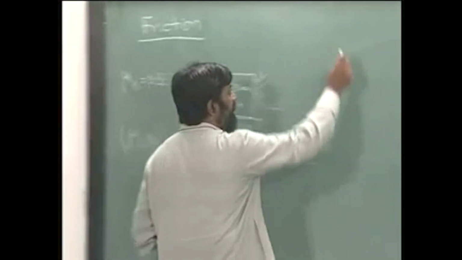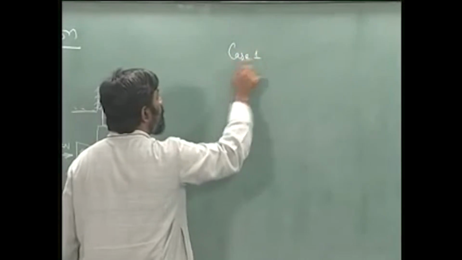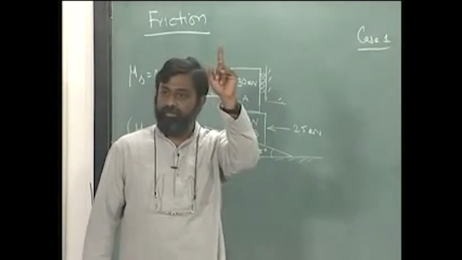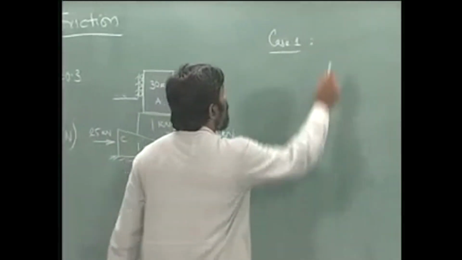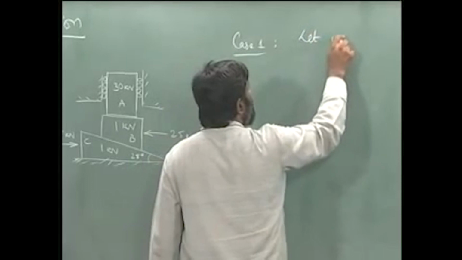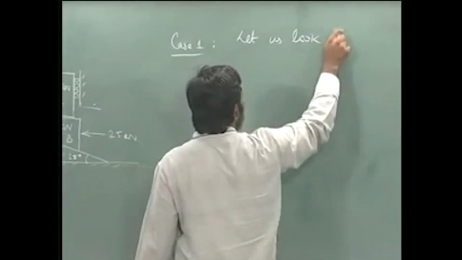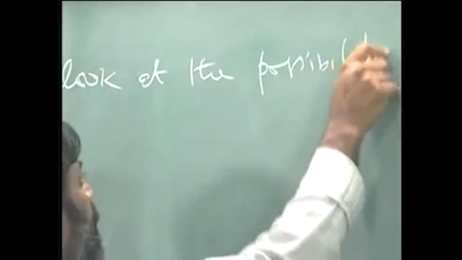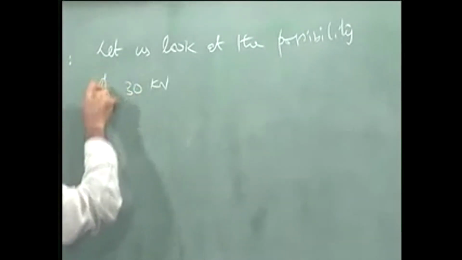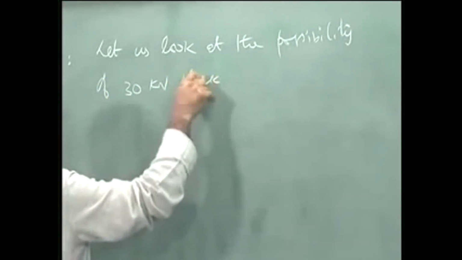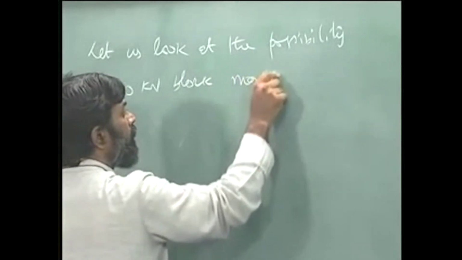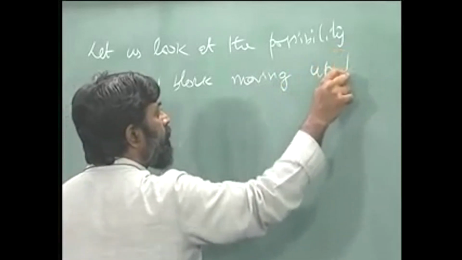Let us take case 1, and we are looking at a possibility of the 30 kilonewton block moving up or down. Well, let us just consider moving up.